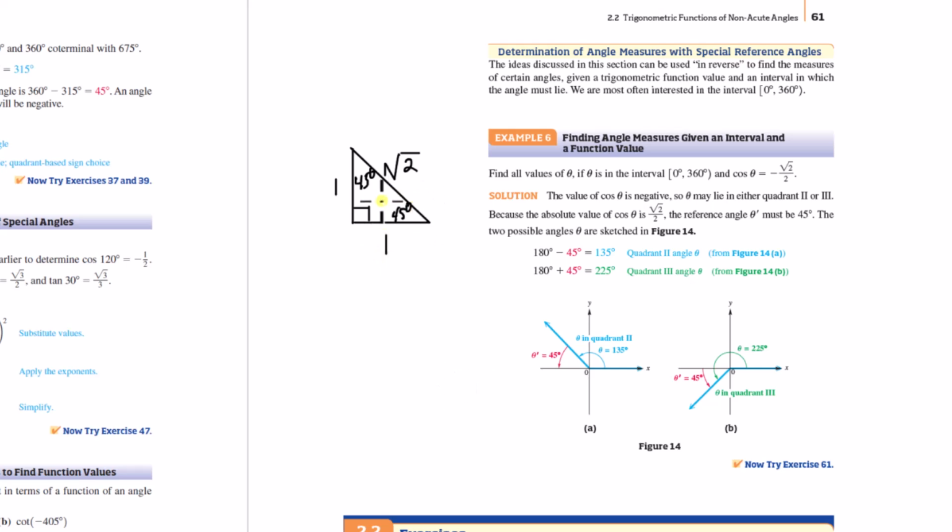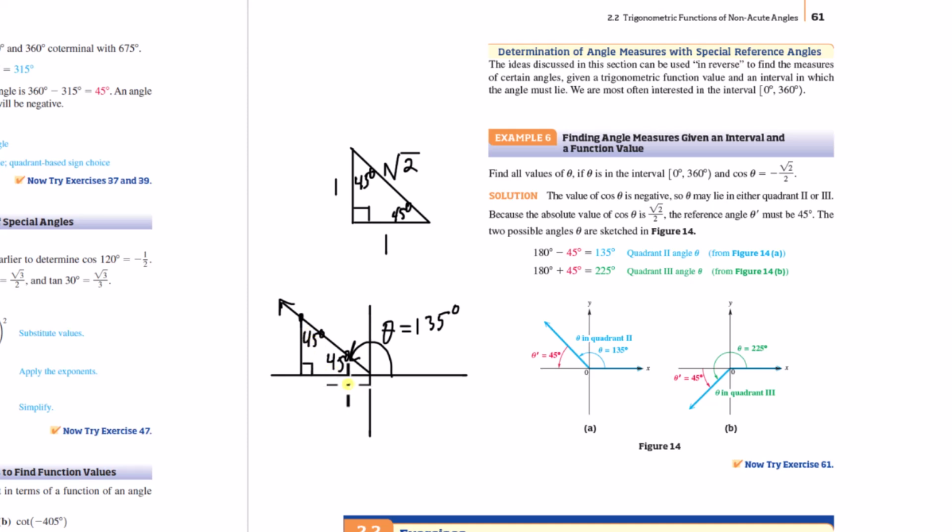But it's going to be an angle that has a reference angle of 45 degrees, right? And what kind of angle would that be? Well, think about an angle in quadrant 2. That would be 135. So this is 135. That's the angle we're thinking about. The reference angle is 45.